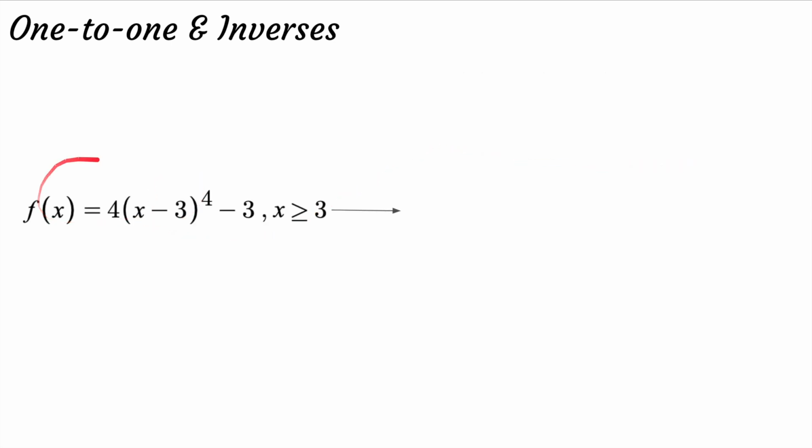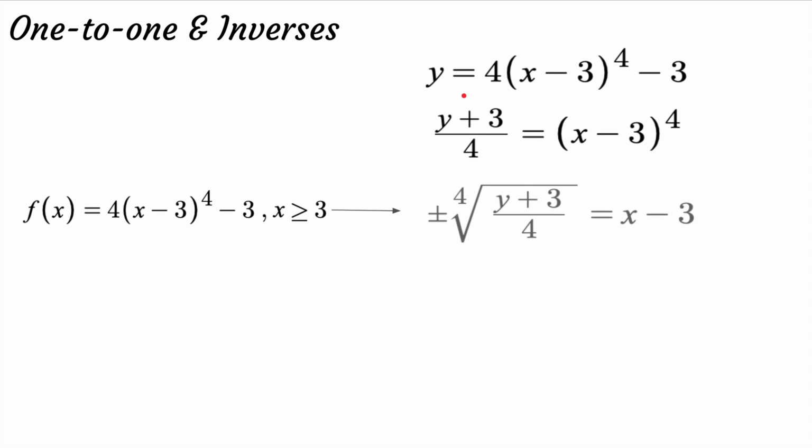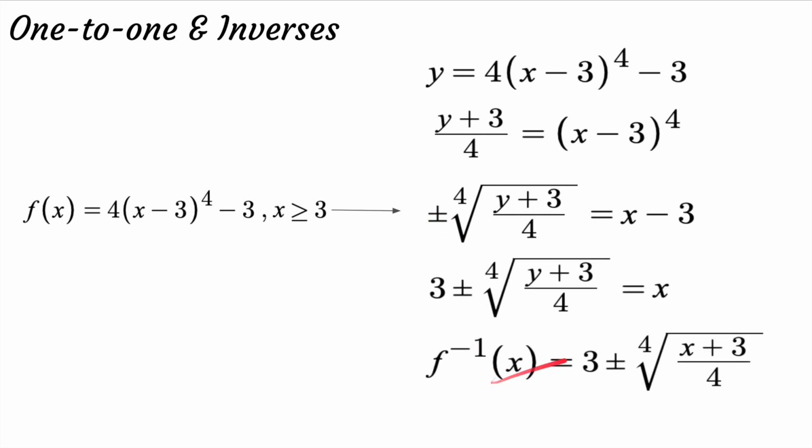So now you're going to take the restricted domain equation and find the inverse. Just like the previous ones, you take the f of x and turn it into y. By doing each step, to get the fourth root out, you'll get plus or minus the fourth root, but because x has to be greater than or equal to 3, you cannot use the minus sign.